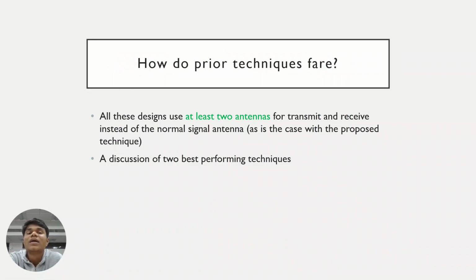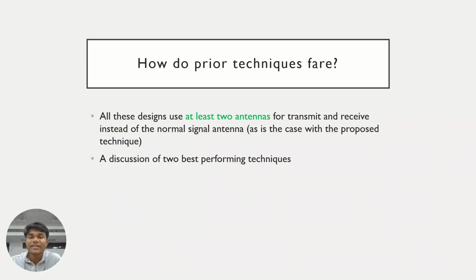Now, how do prior techniques fare? Because there must have been prior attempts at achieving full duplex radios. What were they? In order for us to truly appreciate the contributions in this paper, we must first understand the place that we are coming from. So, we are going to see two of the prior designs which were doing a fine job.